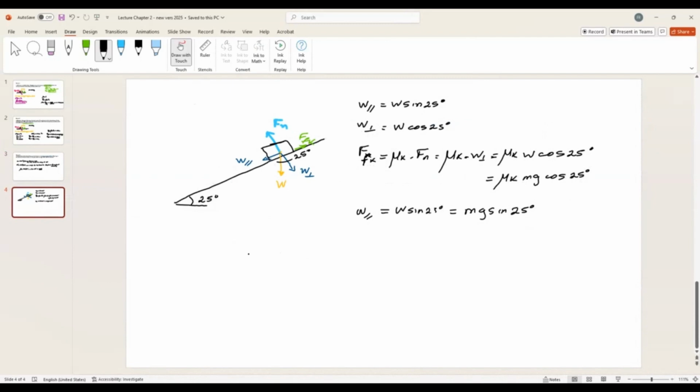So that means that the net force parallel to the inclined surface is going to be 0. So that means we can say that the difference W parallel minus the force of kinetic friction is going to be 0.